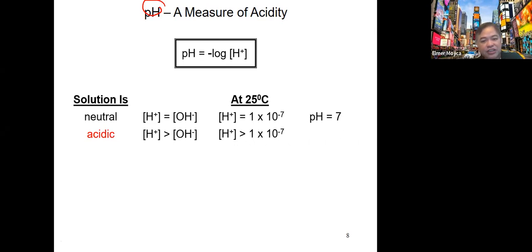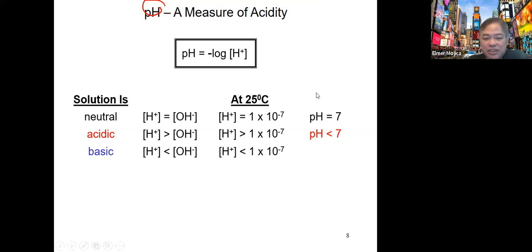If it's acidic, your H plus is more than your OH minus, and your H plus is more than 1 times 10 to the negative 7. So your pH is lower than 7. And if it's basic, the H plus is less than the OH minus, and the H plus is less than 1 times 10 to the negative 7, and the pH is higher.